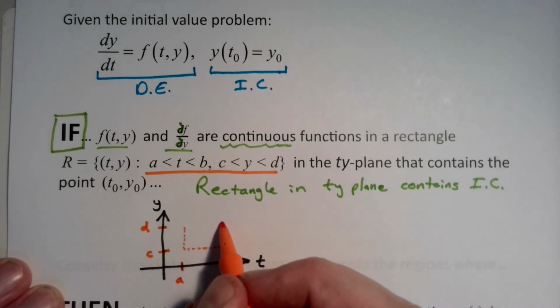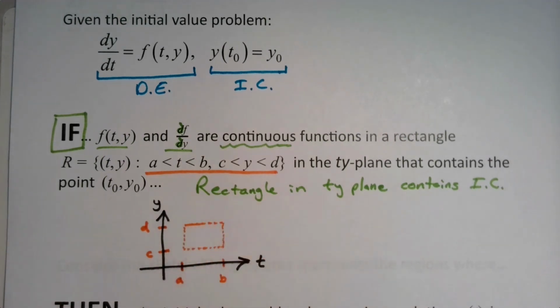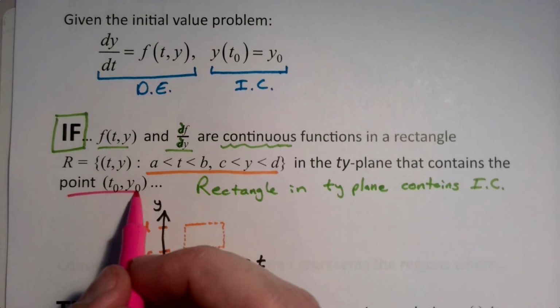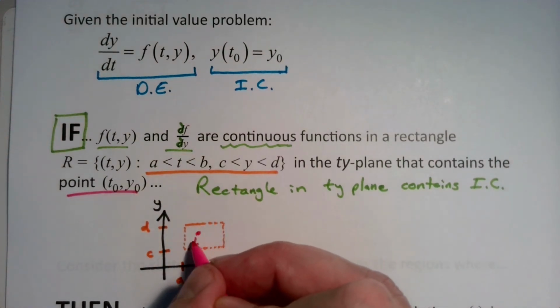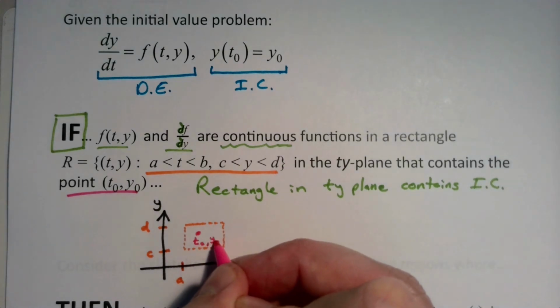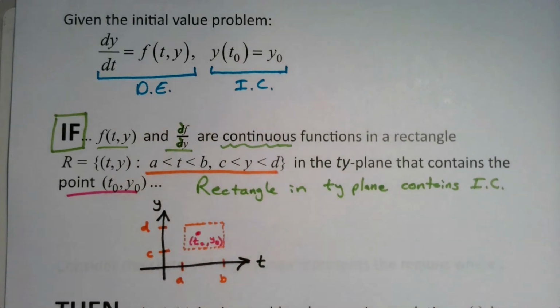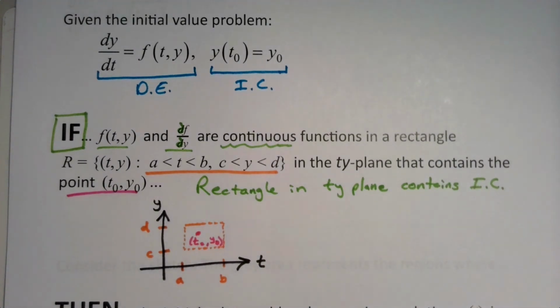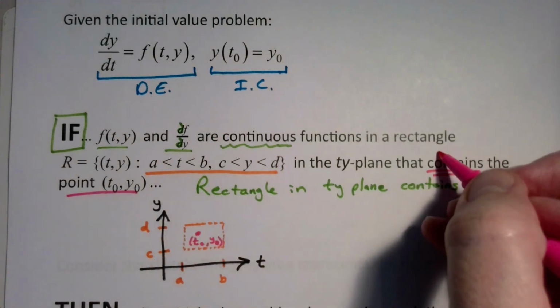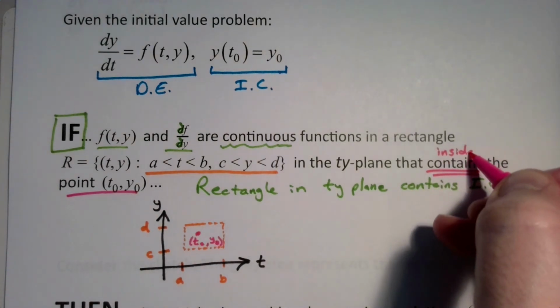And you'll notice I'm just creating a little dotted line for the rectangle. And somewhere inside there you have your initial condition, right? The point somewhere inside there is t0, comma, y0, right? And notice that it says it has to be inside, it has to contain the point. So that means it's got to be inside the rectangle. I'll just write inside in here.